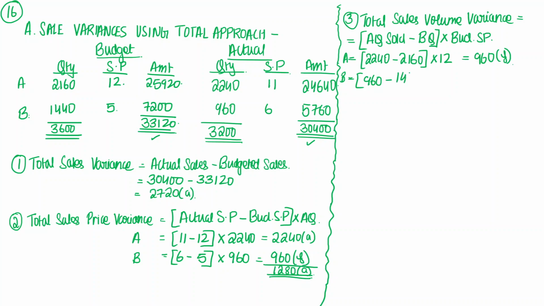Bad for me. Into 12, 12, and this 5. 2400 adverse. 1440 adverse.